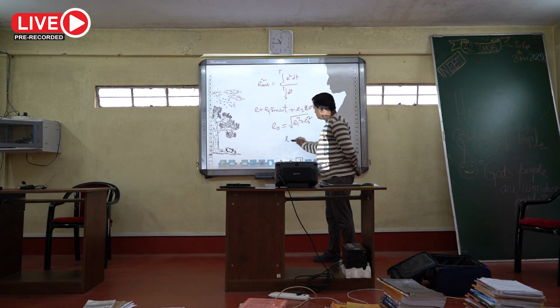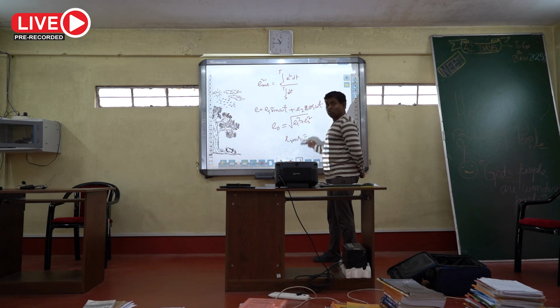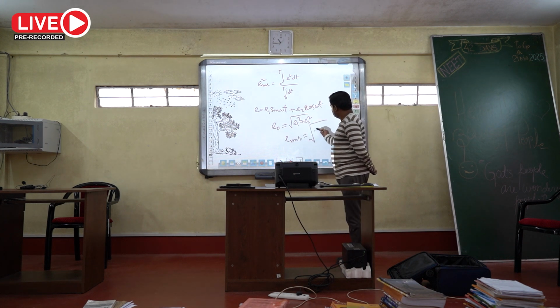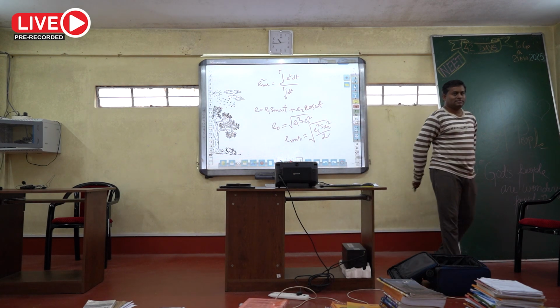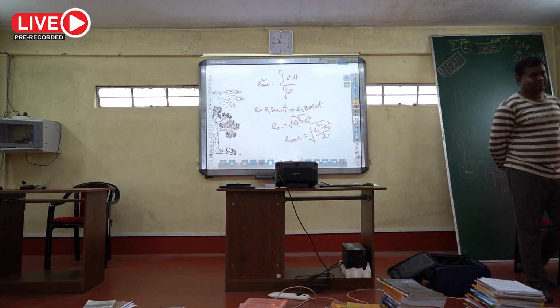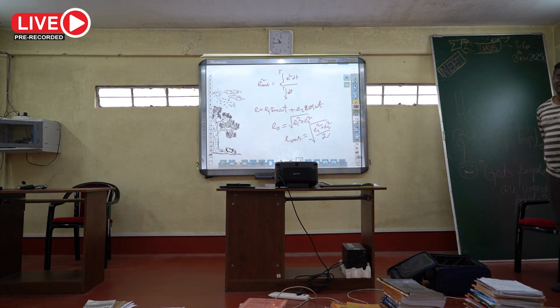So what is the RMS value? Peak value by root 2. Root 2 is taken inside. This is the answer. If you can't remember this, then you have to integrate.